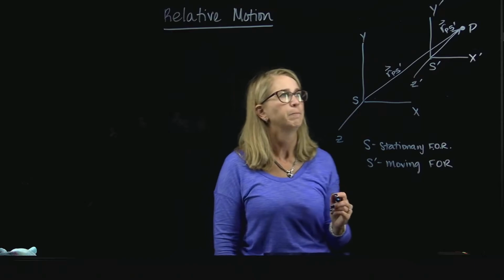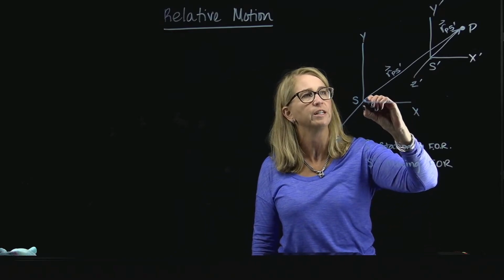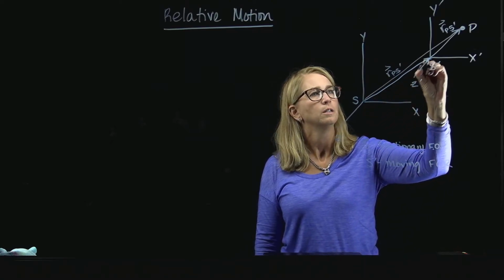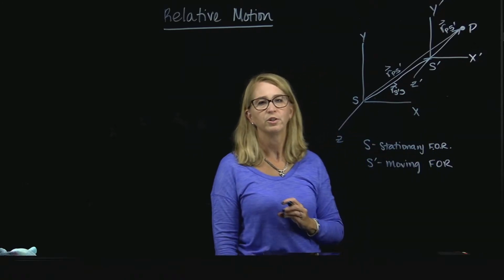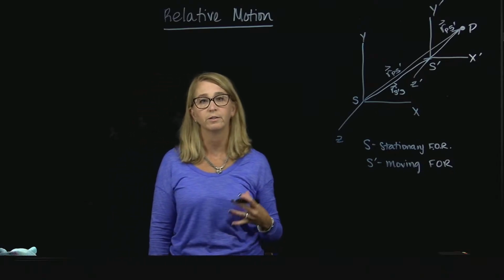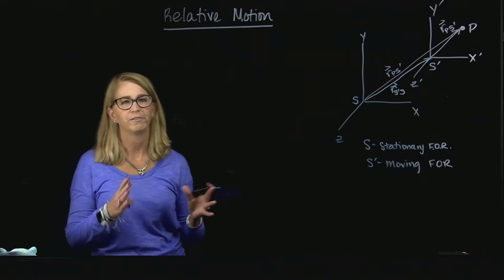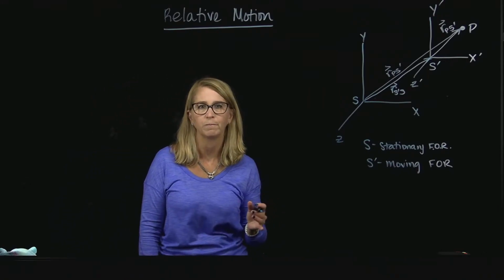And then finally, how do those two compare? The other piece of information I need to know is the position of the moving frame of reference with respect to the stationary frame of reference. Now, my vectors are almost overlapping. That's just unfortunate the way I positioned them.